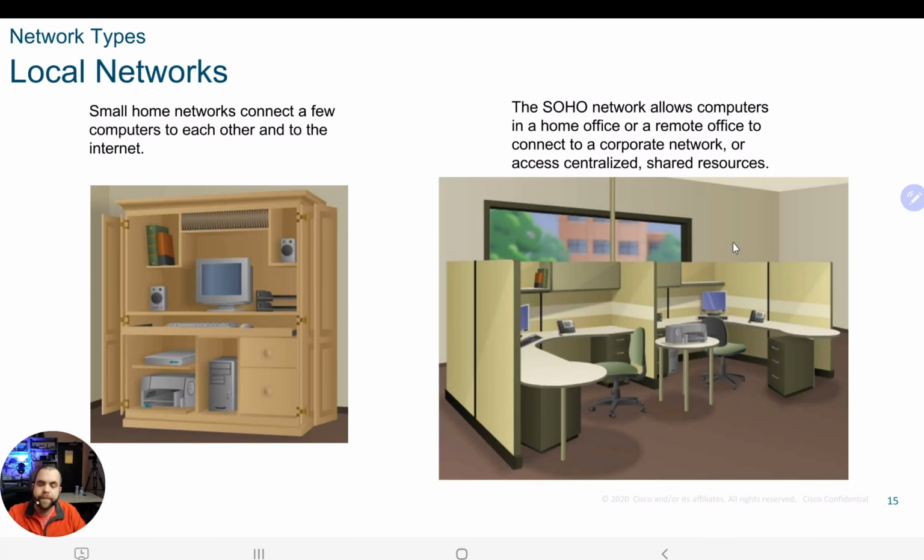So when we're talking about local networks, we would refer to those as our home networks. Or if you have a network just a little bit bigger, it would be a small office or home office. Let's say, for example, the accountant that does my taxes works from a home office, but I want to say 8 people work there.